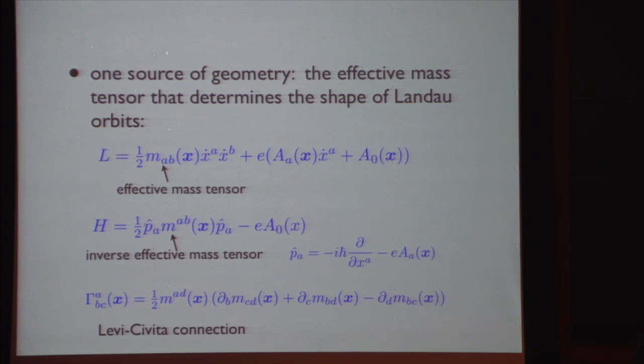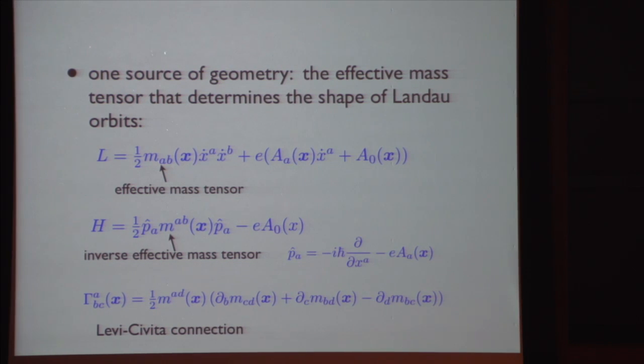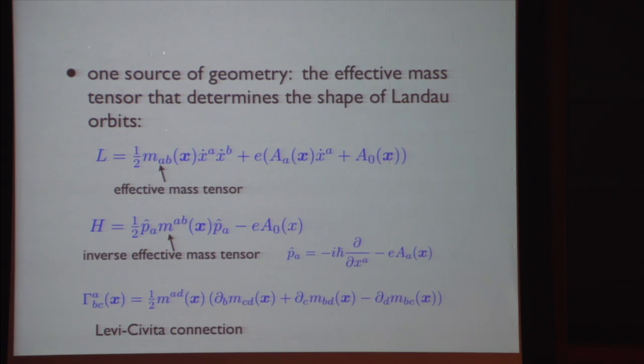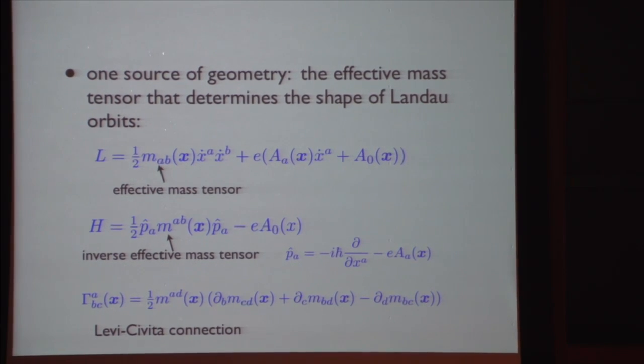Okay, so where's geometry actually going to come from? I've got some field inside here which is a metric which provides a meaningful physical definition of length scales. And the immediate obvious source of geometry is what is really a kind of background field, just the effective mass tensor that you plug into this.